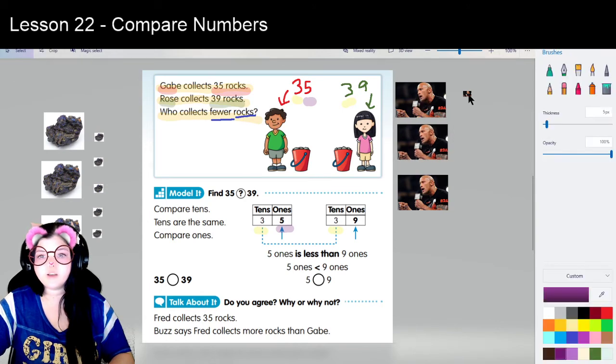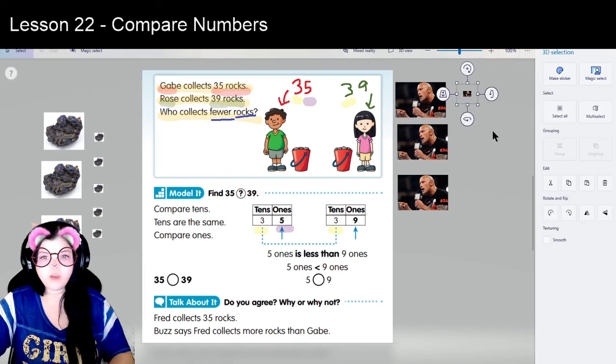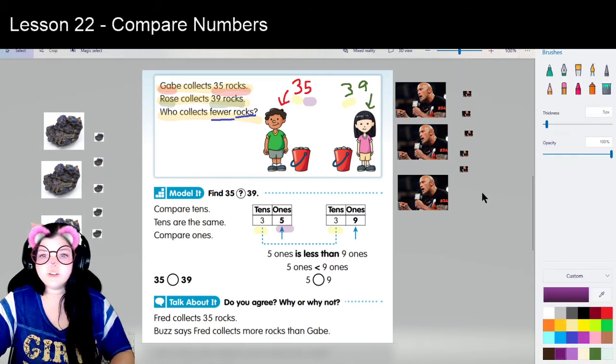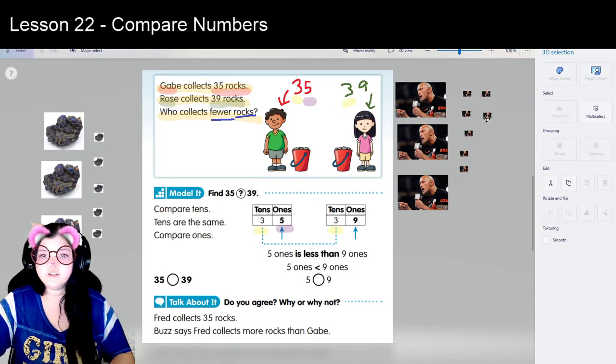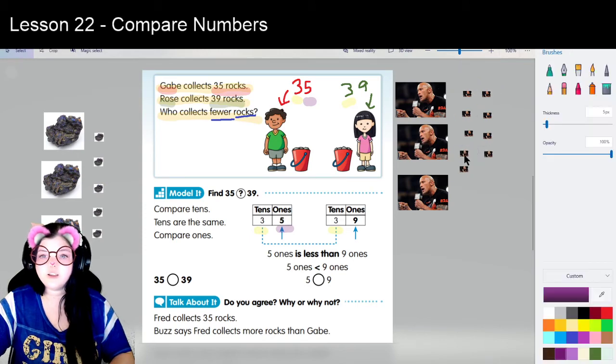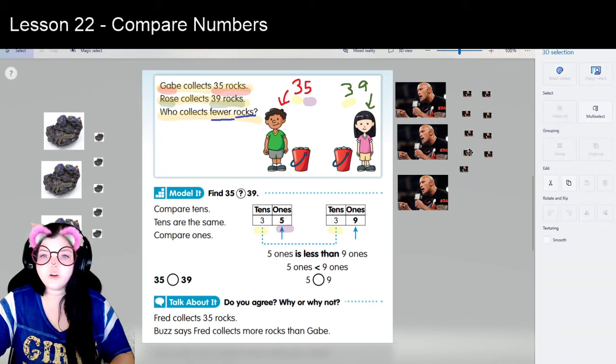So we have 1, 2, 3, 4, 5, 6, 7, 8, 9. Is 9 greater than or less than 10?